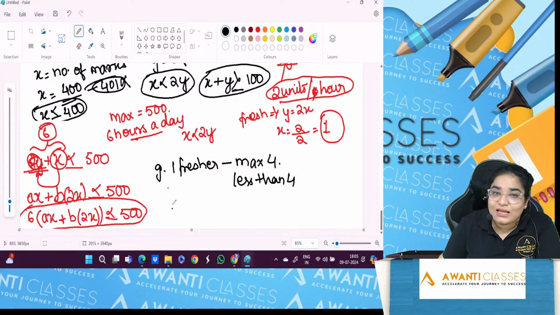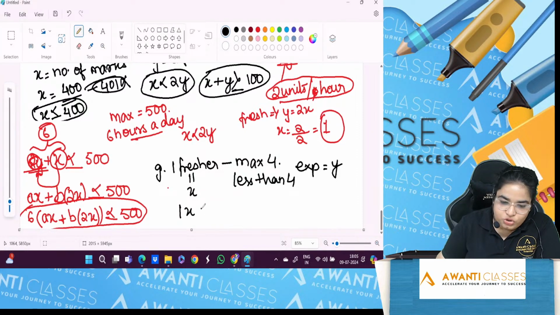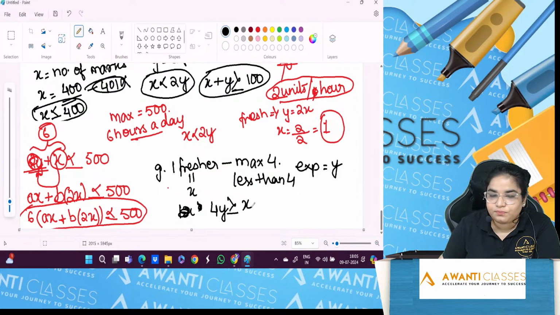Can we use this as an equation? If freshers are X and experienced are Y, what are they saying?